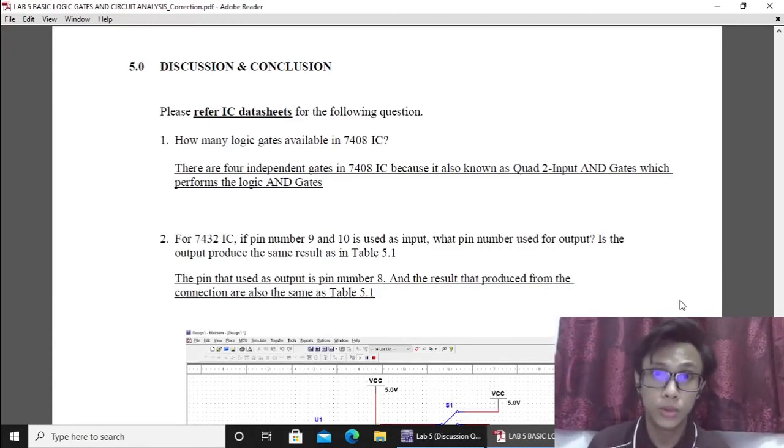For question number 2, we are able to solve it by constructing a circuit on the Multisim simulation. So we can say that the result produced from this connection is also the same, and we use pin number X as the output.